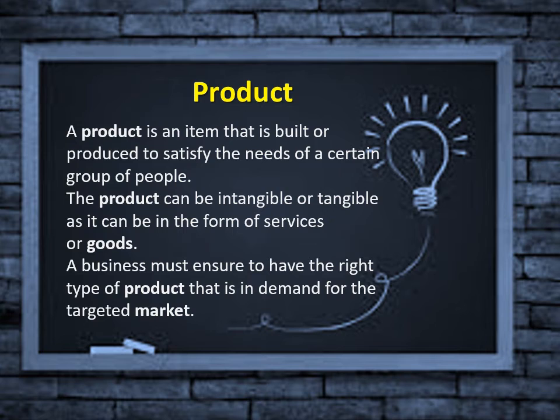Examples of tangible products around you are common, and you can identify them starting from maybe the milk brand that you use or the bottled water brand that you use, to maybe the shoes that you wear or the car that you ride.